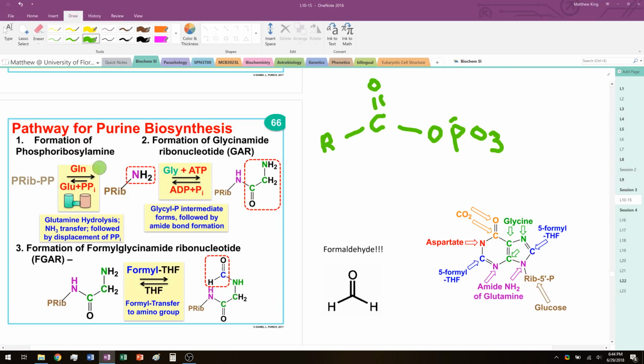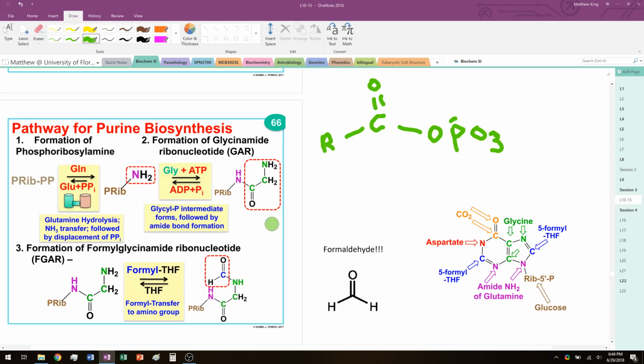So on a test, in step 1, you would see just the sugar base, and then you would see nitrogen being added. So you need to link that with glutamine. If you start with this intermediate, where all you have is just the nitrogen on here, and then you add a whole chunk, you have to just be able to recognize this as all glycine right here. You can see its R chain, you can see its C-terminus and N-terminus. If you add something really big like that, that's going to be glycine.